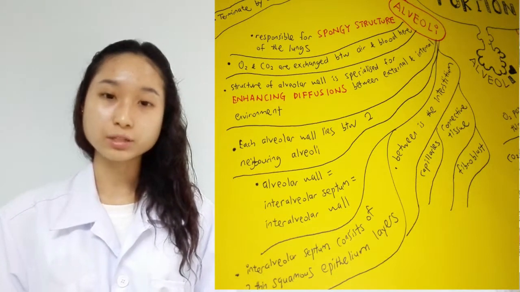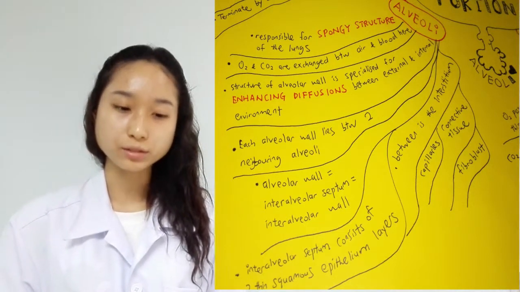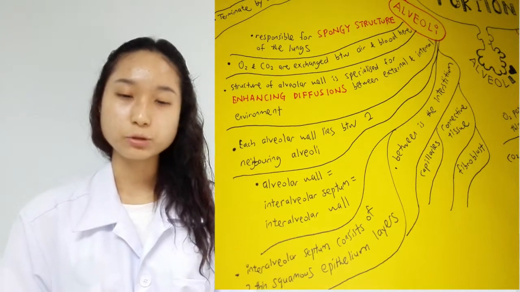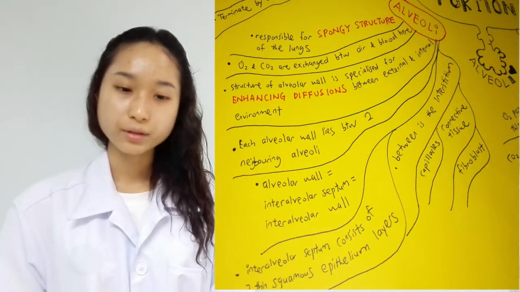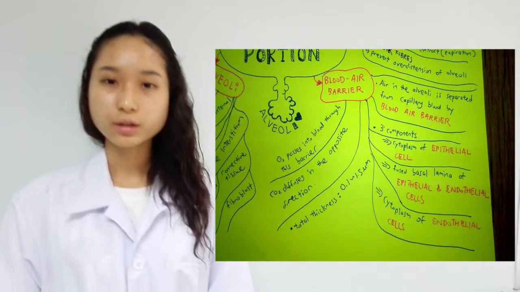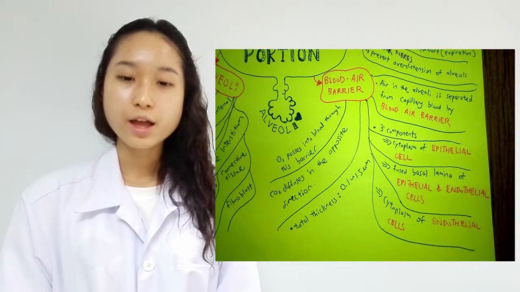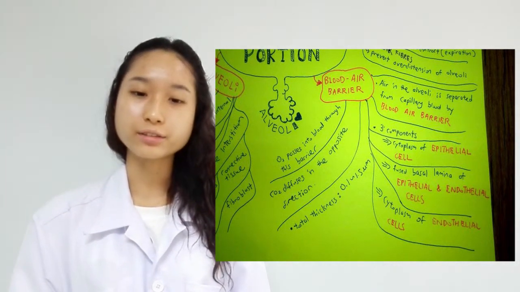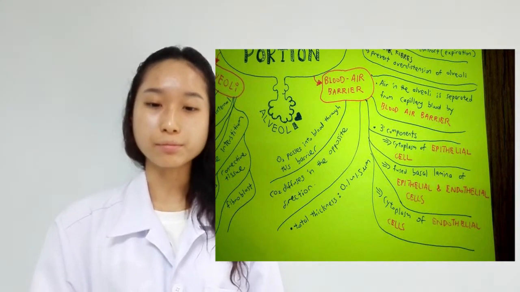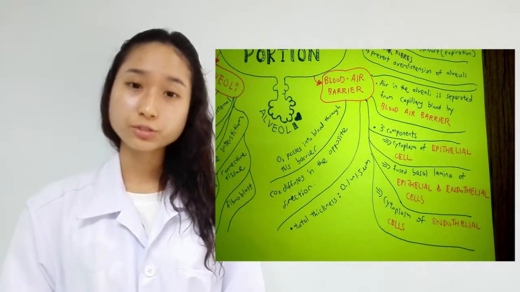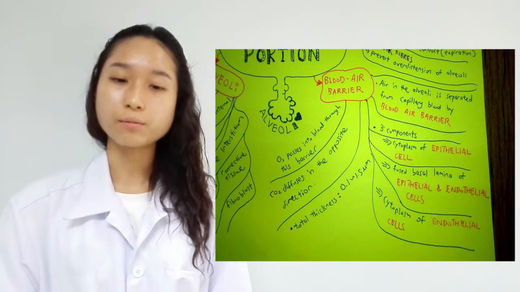The interalveolar septum consists of two thin squamous epithelium layers. Between them is the interstitium, where we can find capillaries, connective tissue, and fibroblasts. So now I'm going to discuss the blood-air barrier. Air in the alveoli is separated from capillary blood by the blood-air barrier.